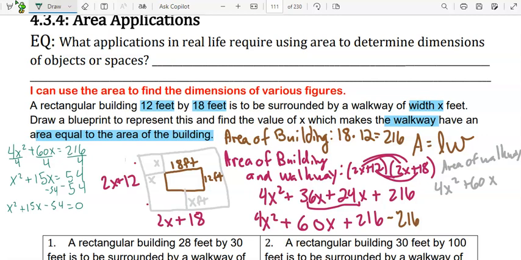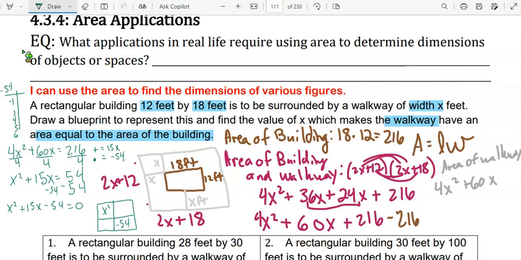Now we can factor it. Draw a box. The first term, x squared, will go in the first cell. The constant term, negative 54, will go in the last box. We want to split the 15x into two pieces where they add together to give you 15x and they multiply together to give you negative 54.